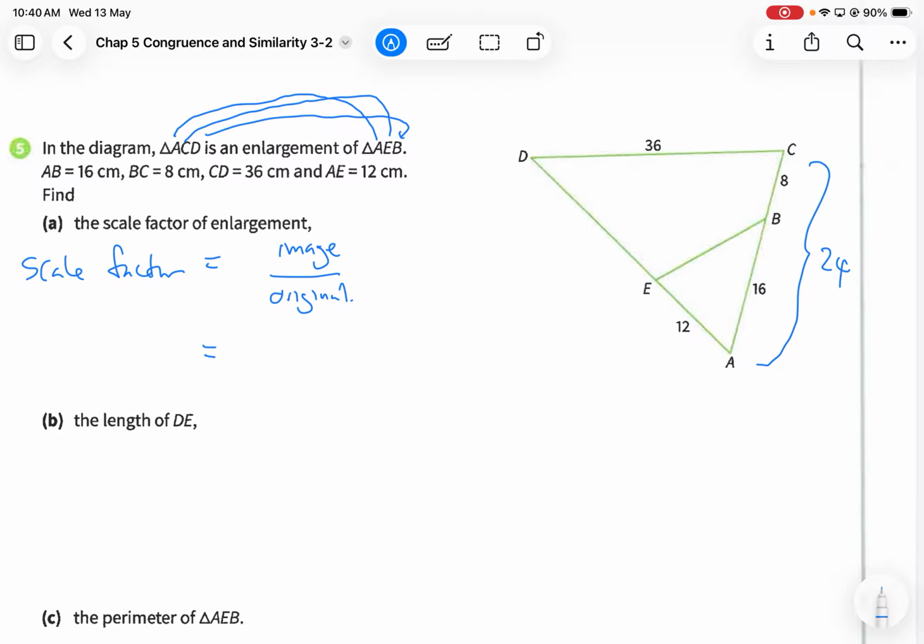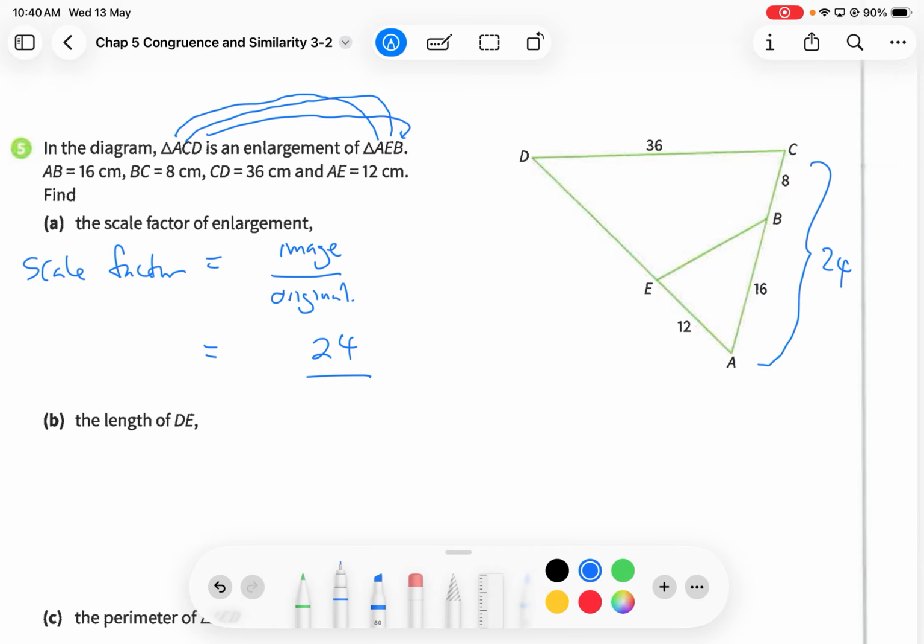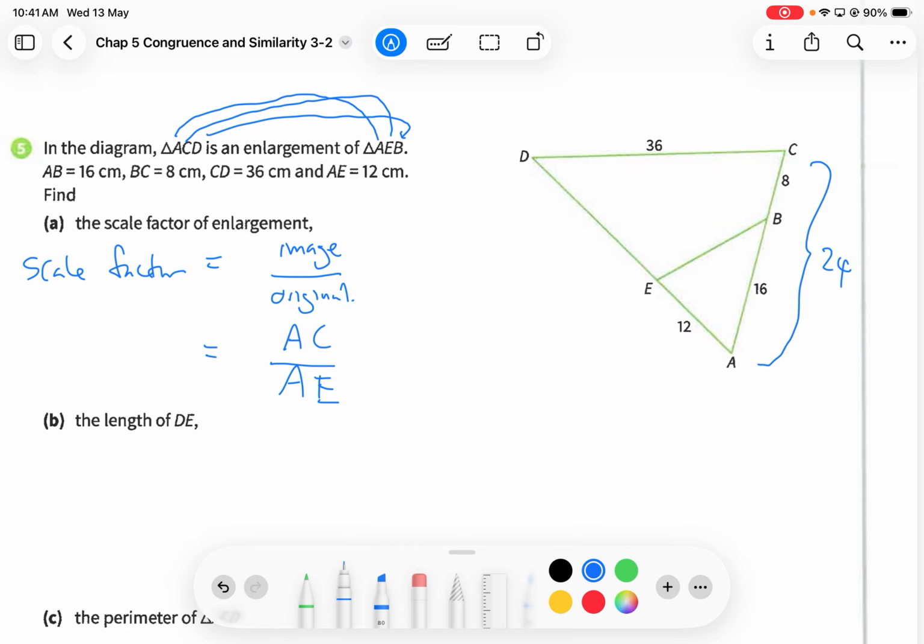So image is 24 and the original is, let me write the naming down as well, AC over AE. So this is very important. The naming AC, AE. First and second letter, first and second letter.